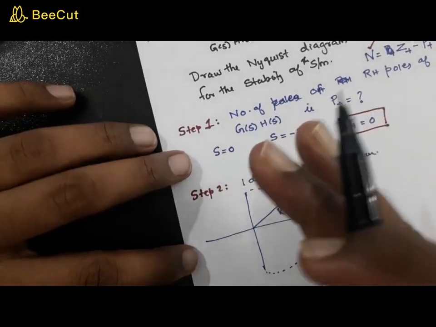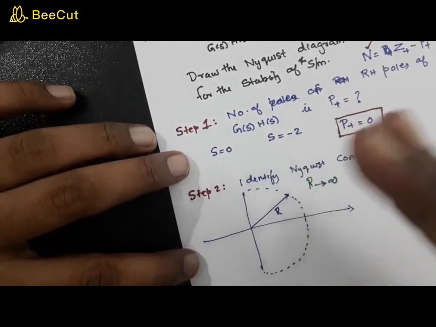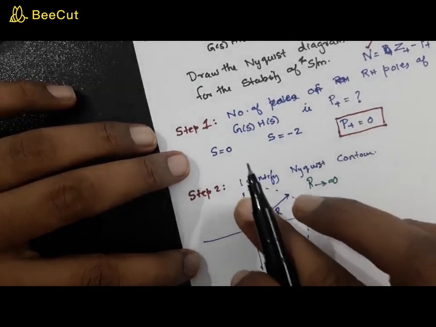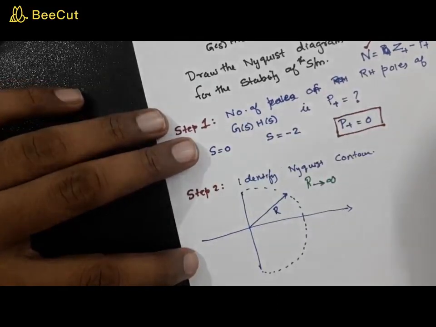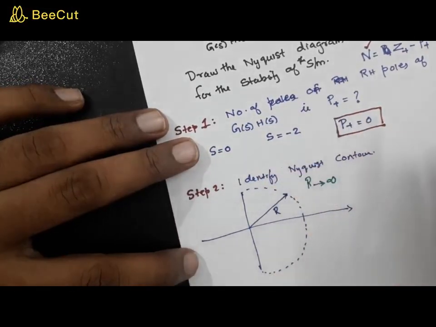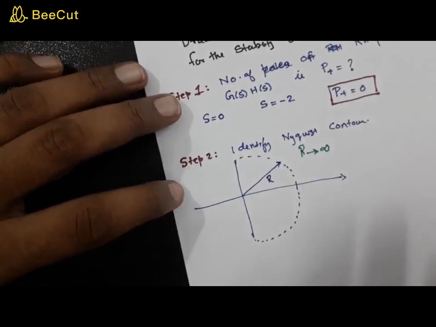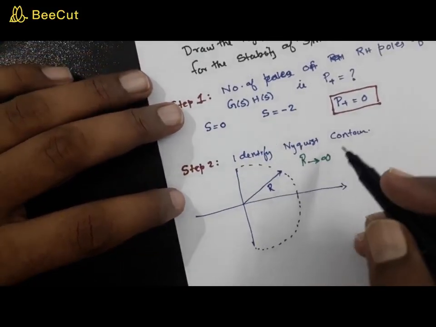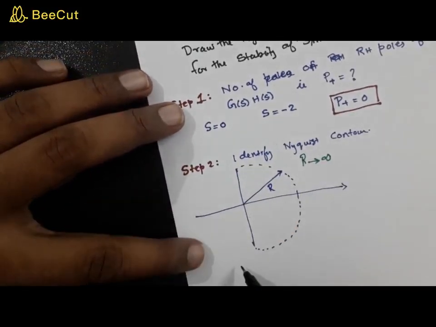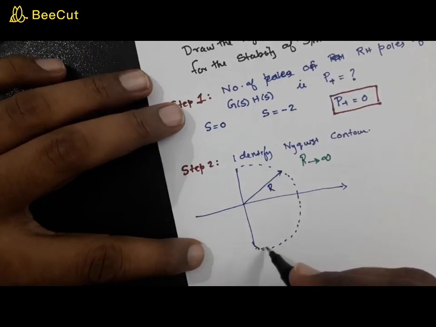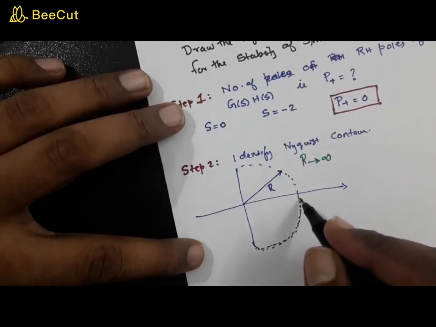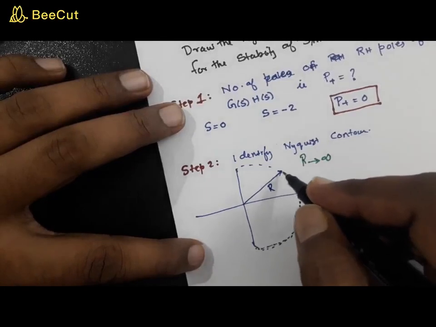I am concerned about the right half poles, so I need to consider the whole of the right half of the S plane. This is what I am going to map into the function G(s)H(s), or f(s). So you need to get the contour of your interest.